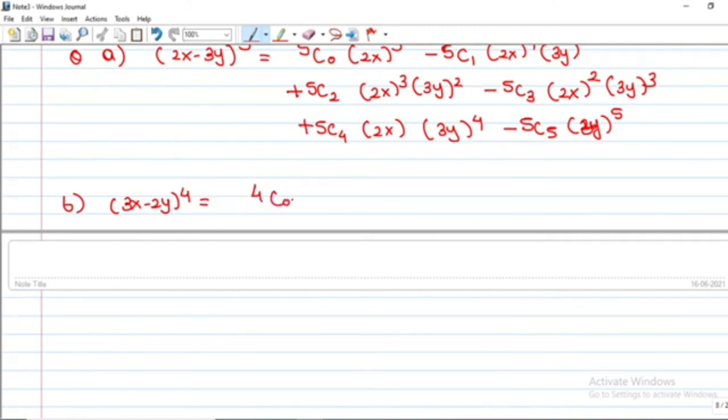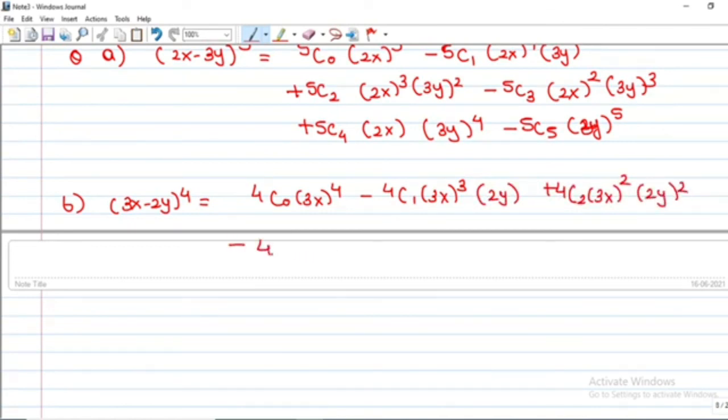So here 4C0 (3x) power 4, then minus 4C1 (3x) power 3 into (2y) power 1, then plus 4C2 (3x) power 2 and (2y) power 2, and here minus sign 4C3 3x only and (2y) power 3, then positive sign 4C4, and here 3x will disappear and (2y) power 4 will be there. So this is the expansion.